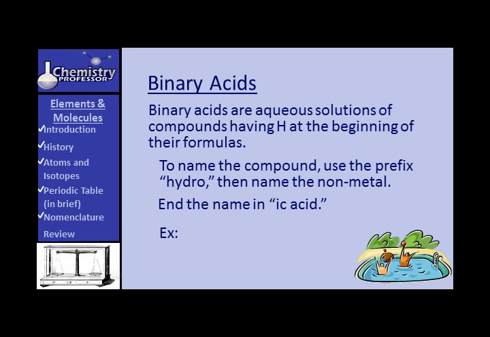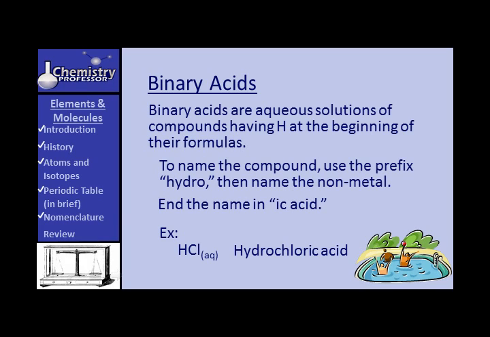Let's look at this one. Here's an example, HCl. Now I put the AQ in parentheses after it so you would know it's an aqueous solution. And what prefix do you use? You use, that's right, hydro. So this is hydrochloric acid. Do you see?